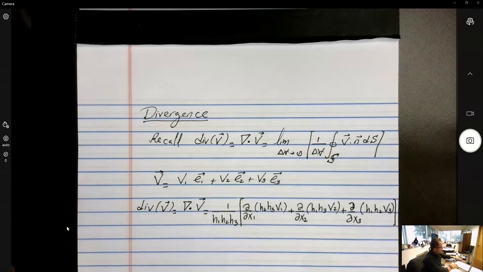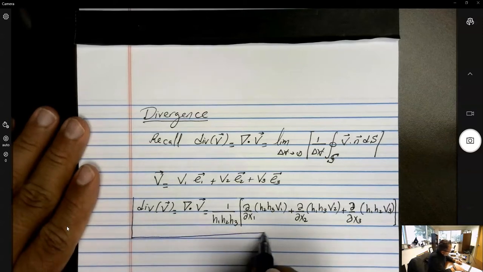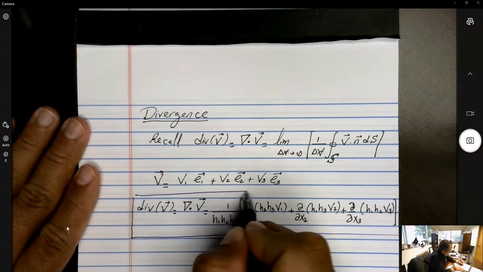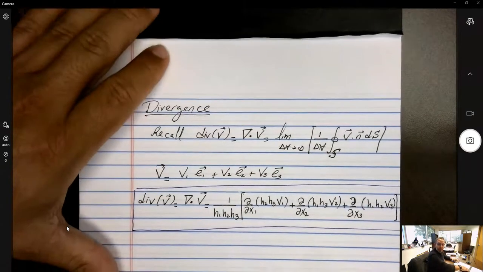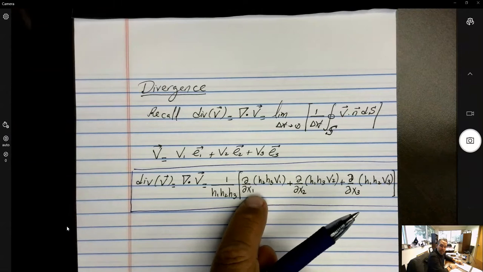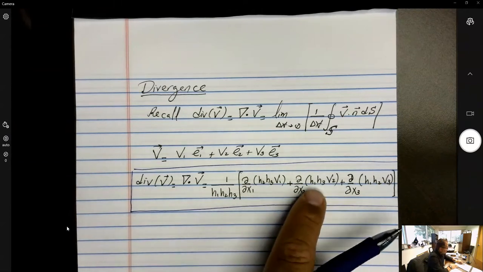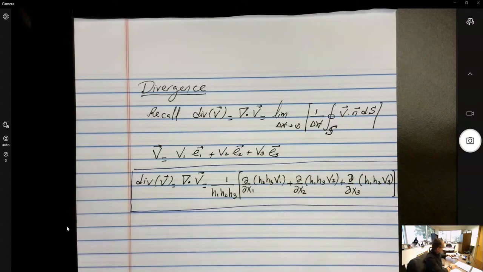Slightly more involved than calculating the gradient. Why would that be? Because some of these scale factors end up being part of the differentiation process, so you have to take them into consideration if they actually match up with the variable of differentiation.